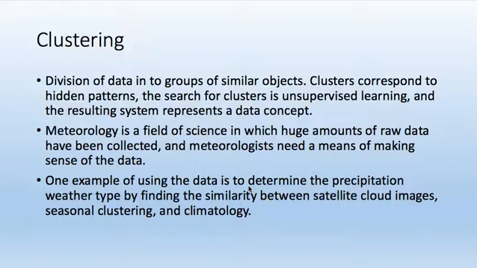But what clustering allows them to do is put that raw data together and make relations so that they can make sense of the data. After they've recorded it, it's raw, and then after they do the clustering, now they can make sense out of it. One example is using the data to determine a precipitation weather type by finding the similarity between, as I was saying earlier, satellite cloud images, seasonal clustering, and climatology.